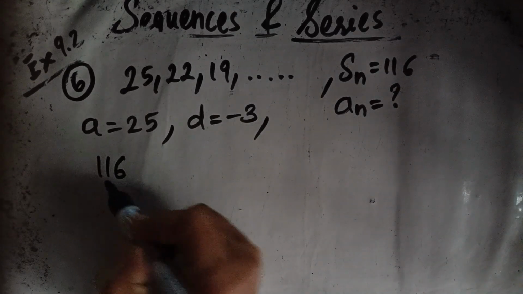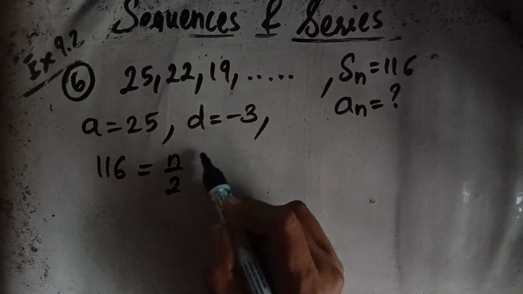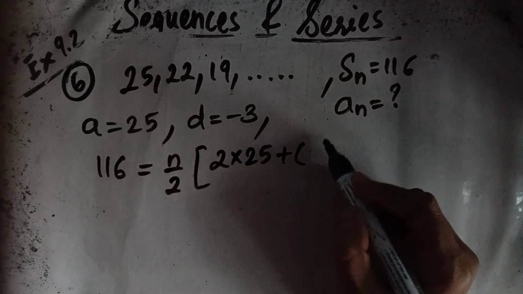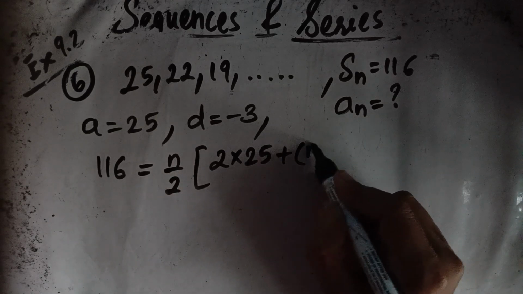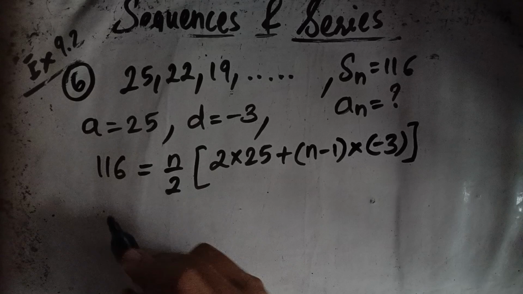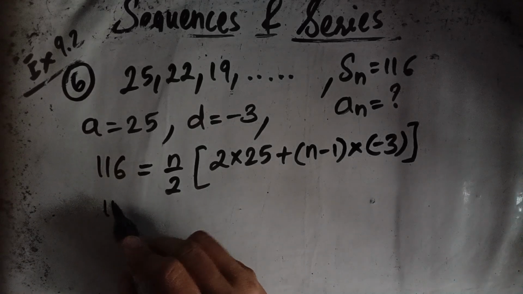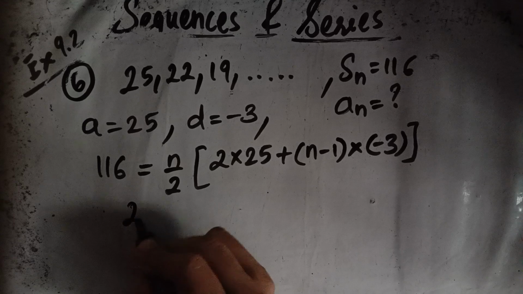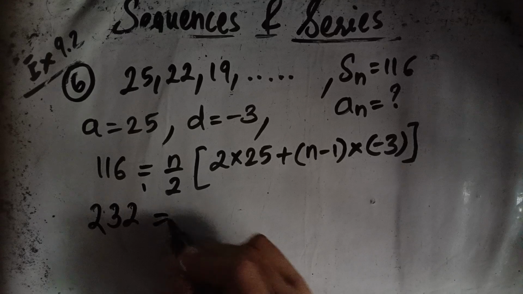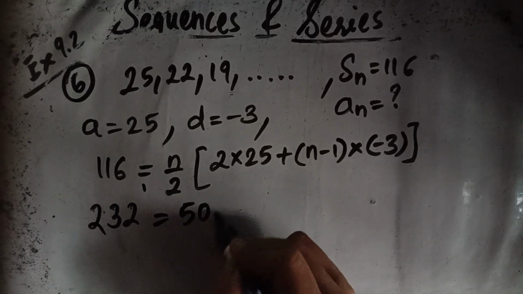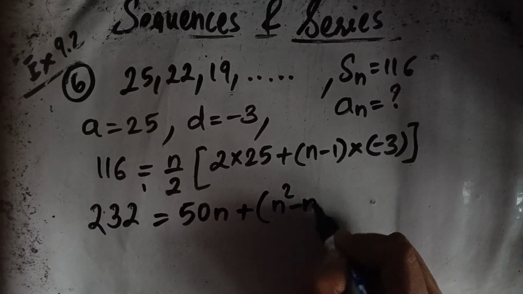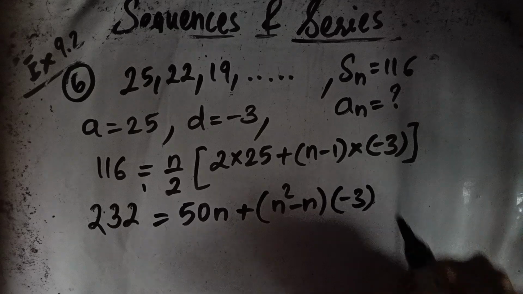So Sn equal to n by 2 into 2a plus n minus 1 into d. So 116 into 2, 232. 50n plus n square minus n into minus 3.